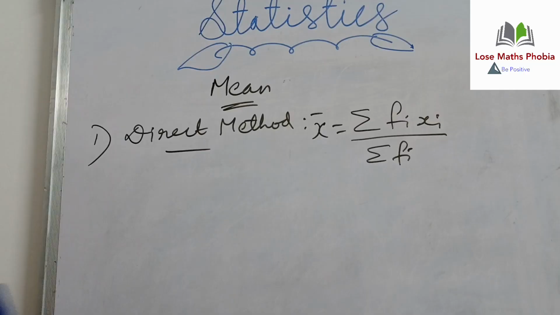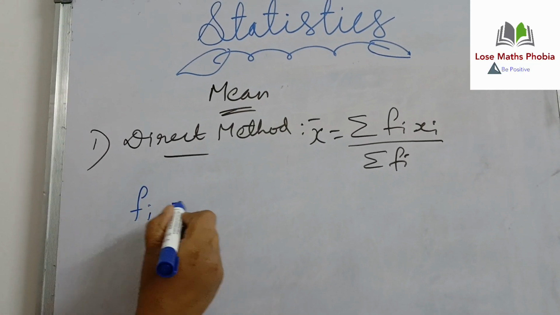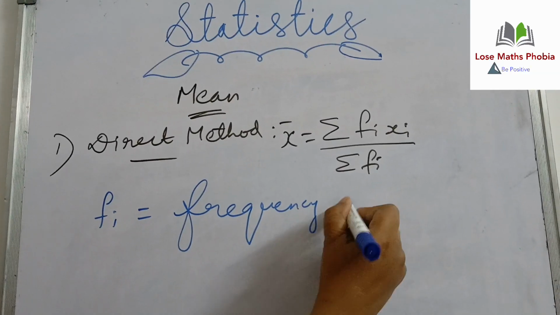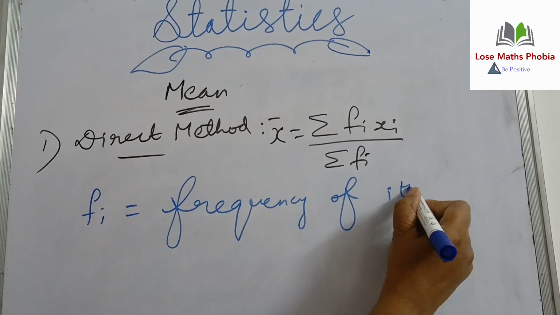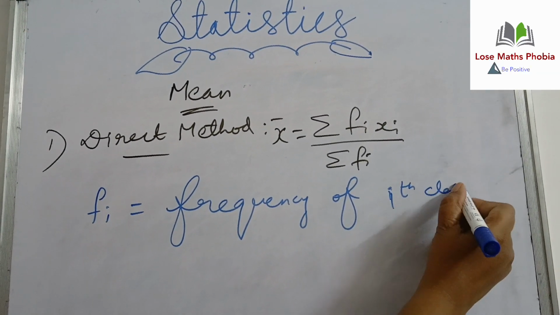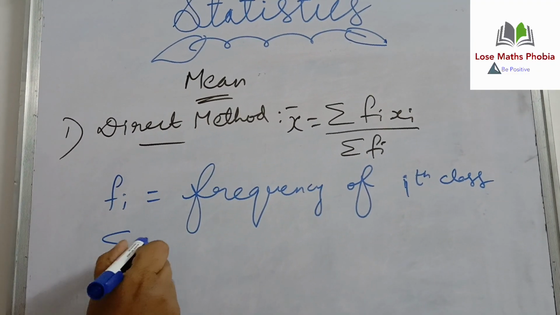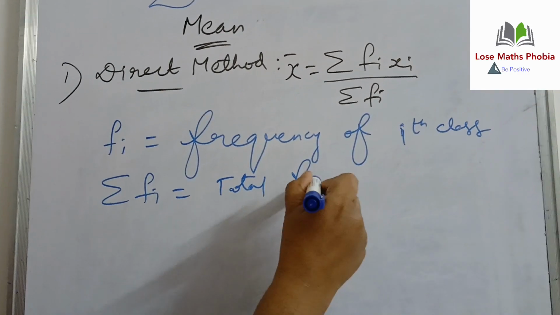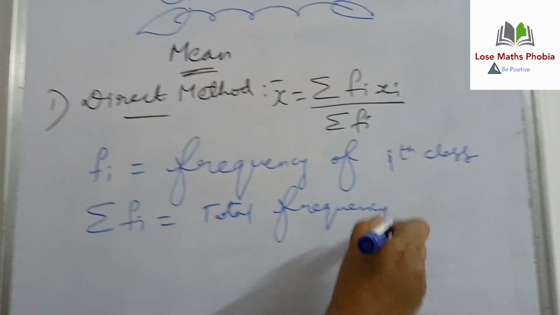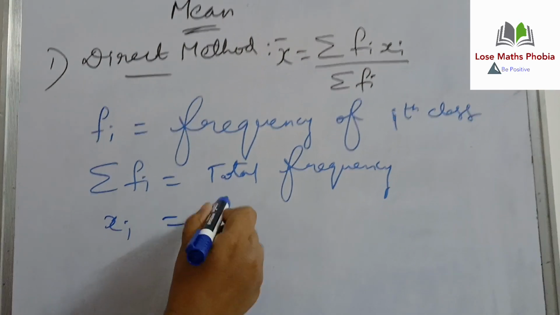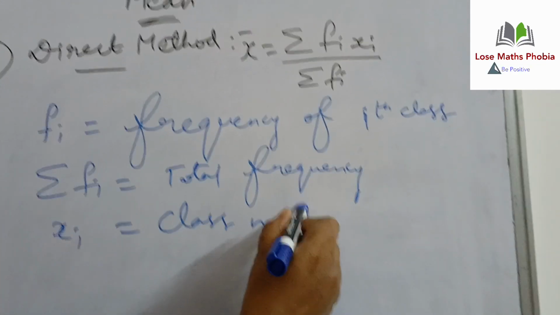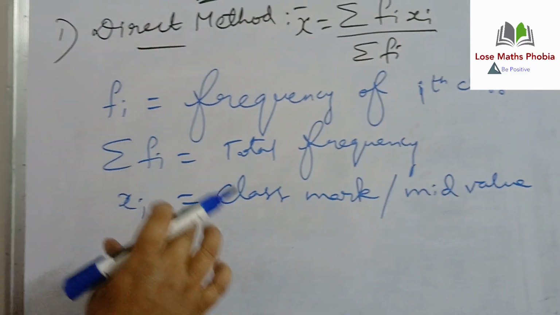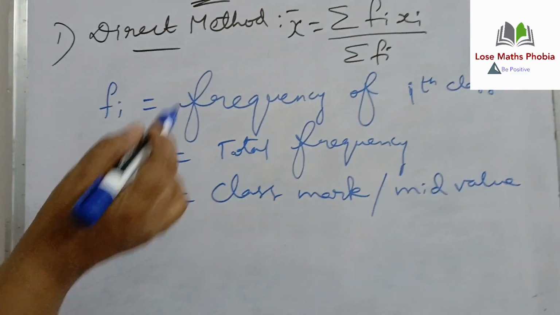What is fi here? Frequency of the ith class. Summation fi means the total frequency here. What is xi? Class mark, or mid value as we may also say. We get this mid value how, you know? Upper limit plus lower limit by 2.